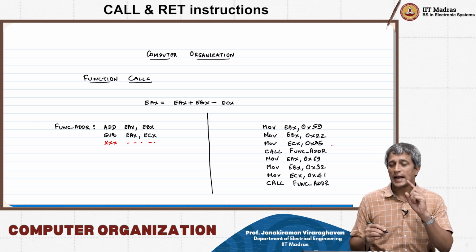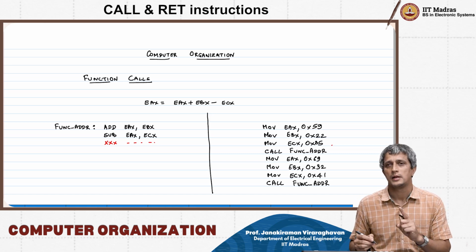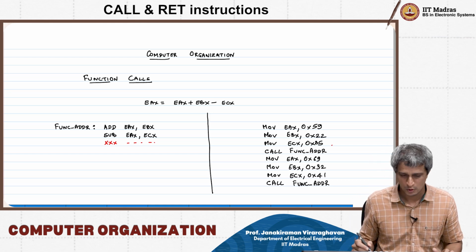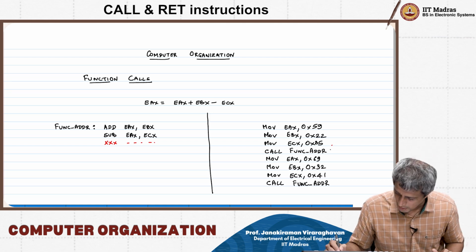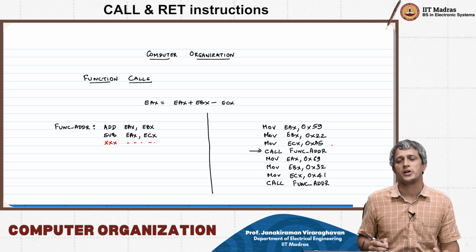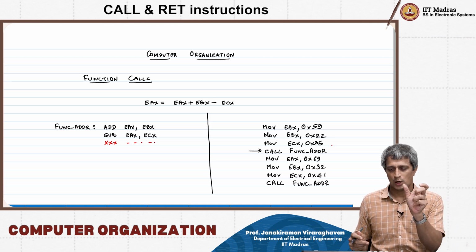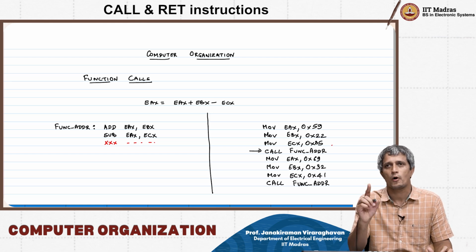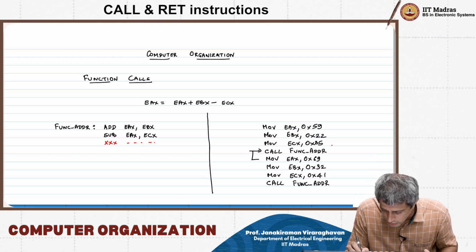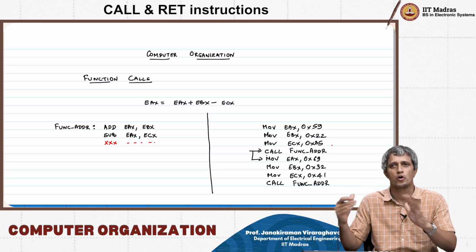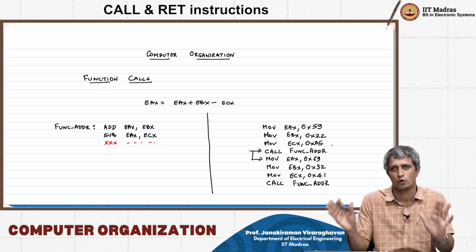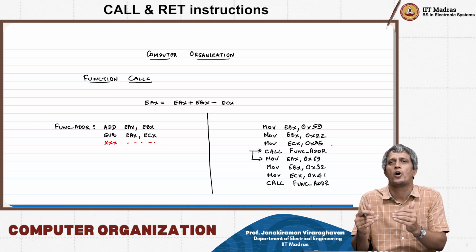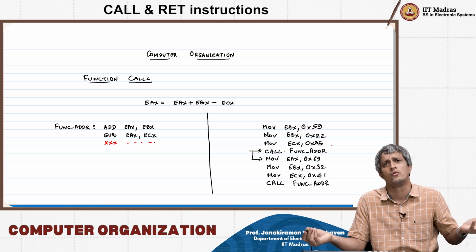I need to know where to return and where to come back and start execution after I finish the function. So for example, when the instruction pointer is here at the call instruction, you do call of something, and the instruction pointer will auto increment to this location. Let's say this is sitting 4 bytes away, assuming every instruction is 4 bytes, then the instruction pointer already is pointing to the next instruction, which is this move, right?